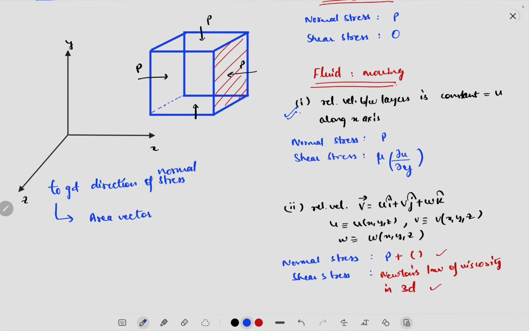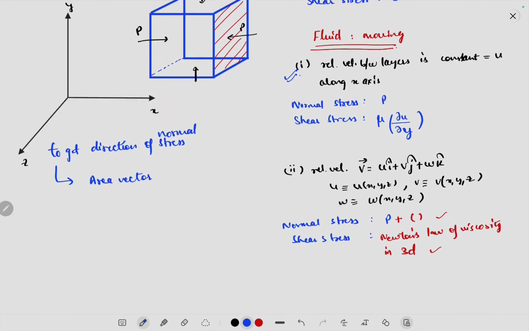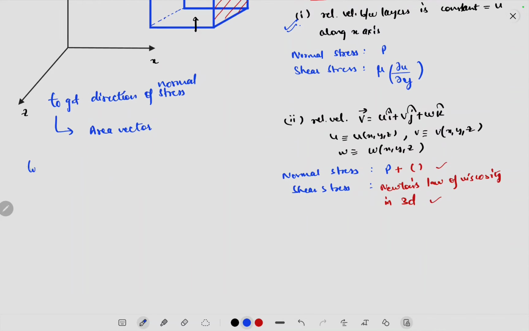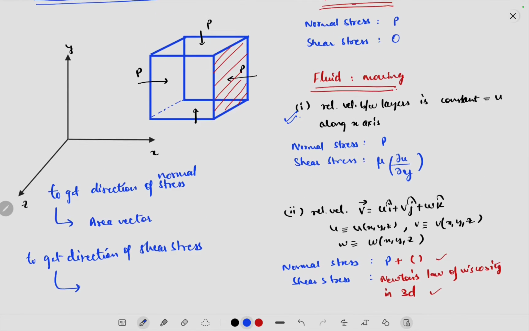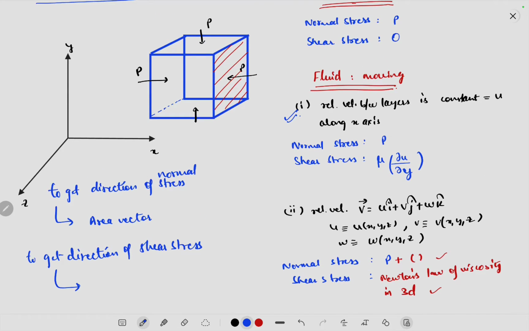Next let's focus on the direction of shear stress. Let's rub this P and focus on this area.